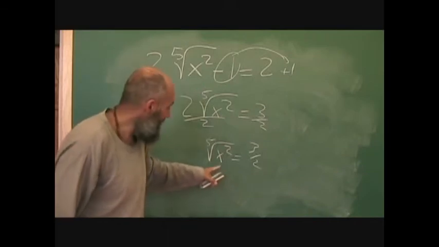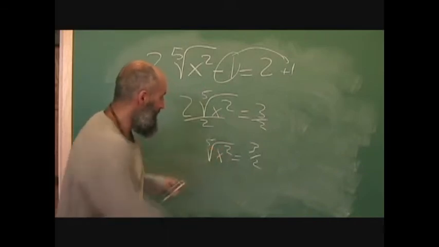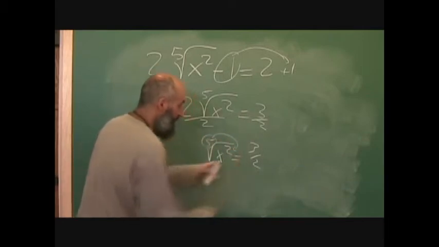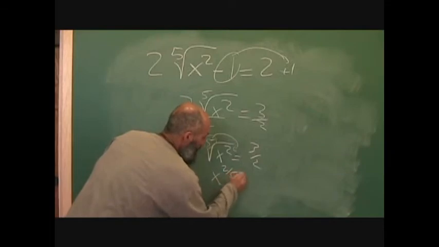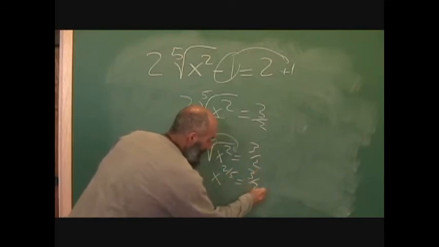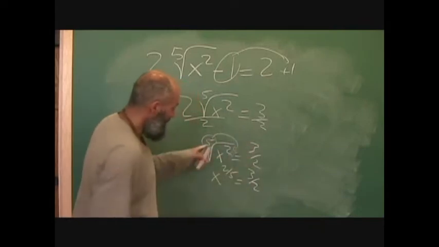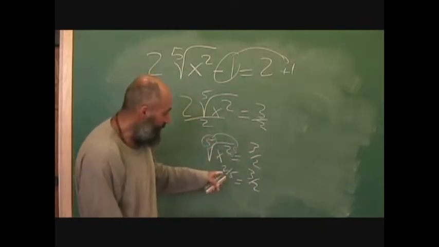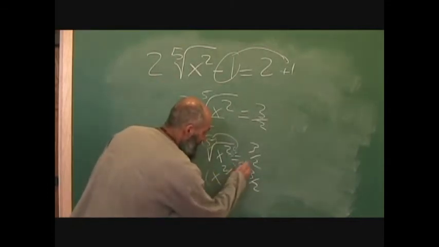And now you want to get the x by itself. And if you remember, this is just, you take the 5 and you write it as an exponent here. So this becomes x to the power of 2 over 5 is equal to 3 over 2. Right? Because this goes in the denominator of the exponent. And to do the opposite of this, all you do, you take this to the power of 5 over 2.